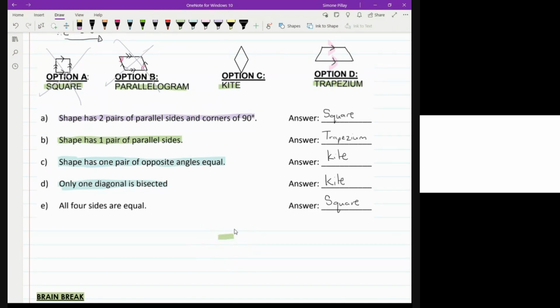Let me know with some reactions: did we follow what happened here? If you didn't, unfortunately, this is something you're going to have to memorize. You have to memorize your properties of quads, and that is just an unfortunate truth. Okay, but that's that. Let's move on into our brain break.